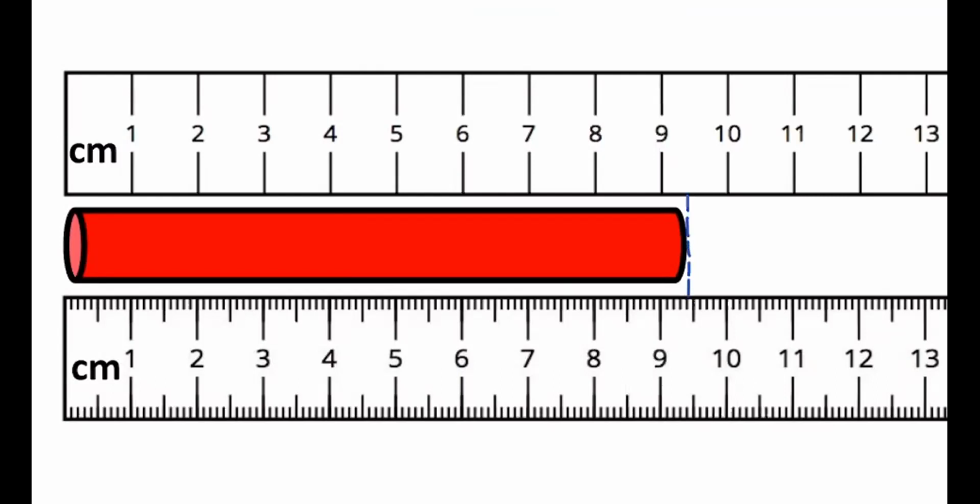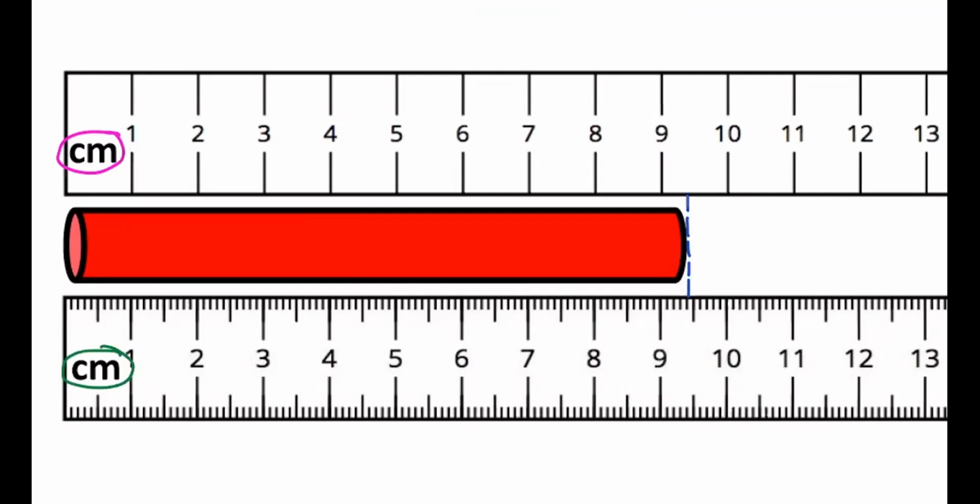And I want you guys to see that I have two rulers, okay? The one on the top versus the one on the bottom, okay? Depending on the instrument that we utilize, understand that the numbers that we're going to write for our measured value are going to be different.